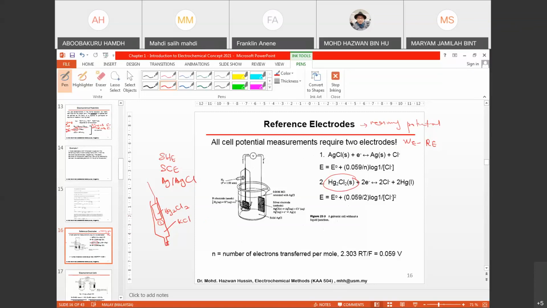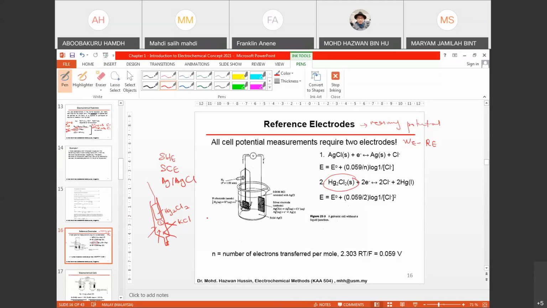The reason why we use mercurous chloride is because of the properties of mercury, which is in the form of an amalgam, a semi-solid. If you look at the dimension, it's more spherical, so the ions that penetrate or absorb into the electrode can attack from any direction.